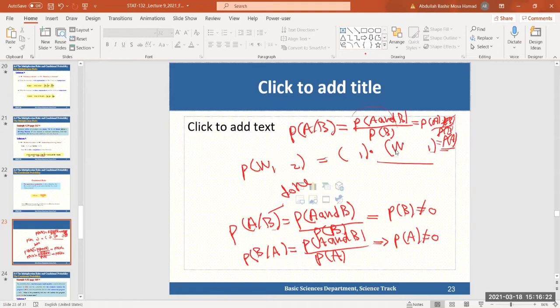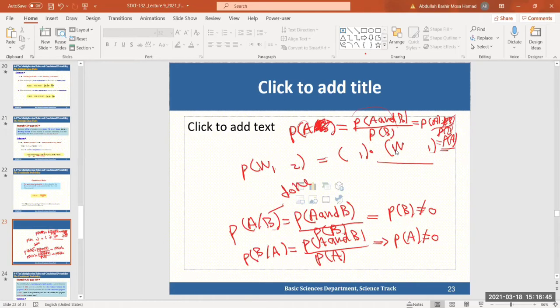By using this formula, we get it. But actually, from here, P of A given B, if A and B are independent, P of A does not depend on P of B. We just delete this, since they are independent, and get this.